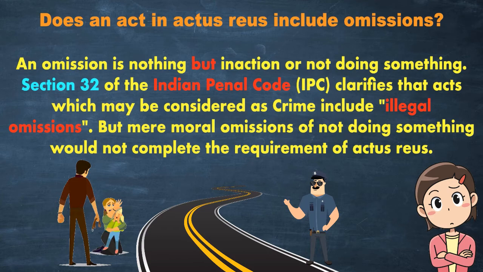Whether you can save him successfully or not, that is not the question. The question is you didn't attempt to protect him, because it was your duty. In that case, it is a crime. Okay? So this is how it is defined.